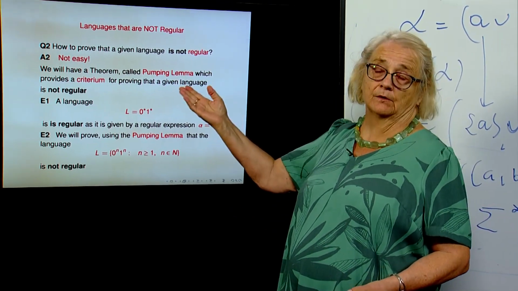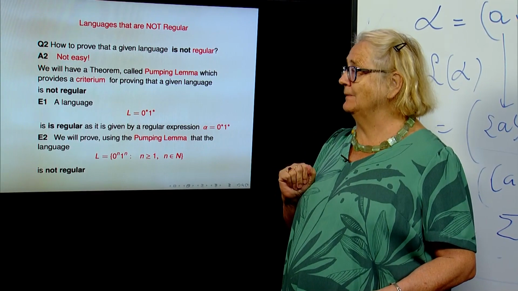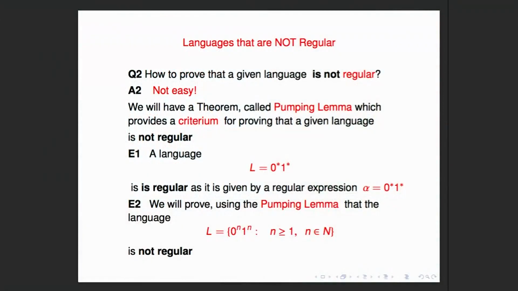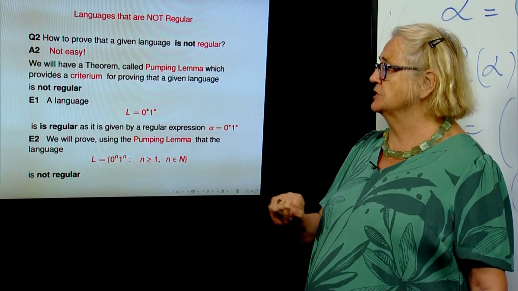So we have a theorem which is called the pumping lemma. We prove the pumping lemma by the pigeonhole principle. That's why we're talking about the pigeonhole principle and proving the pigeonhole principle theorem, to be able to prove the pumping lemma. So we'll have a theorem called the pumping lemma, which provides a criterion for proving that a given language is not regular.